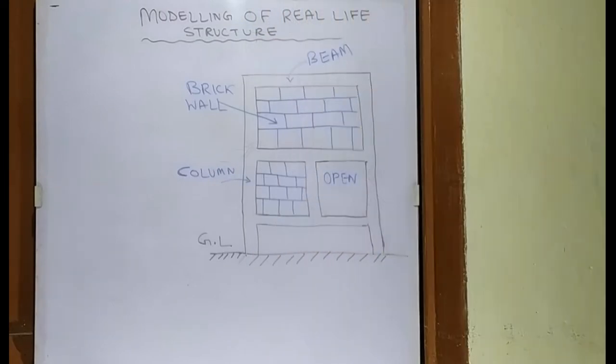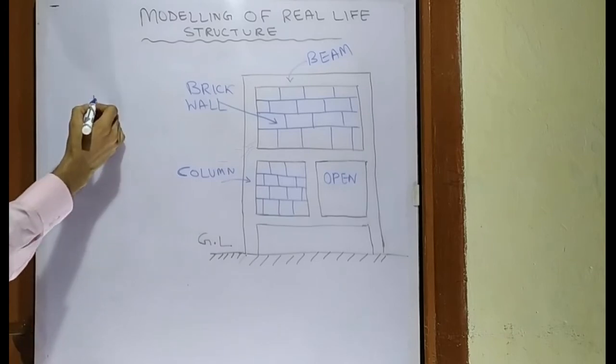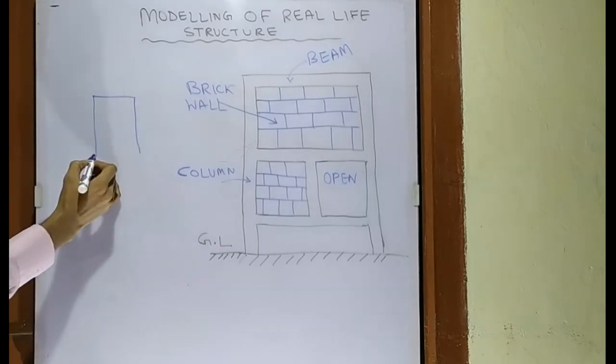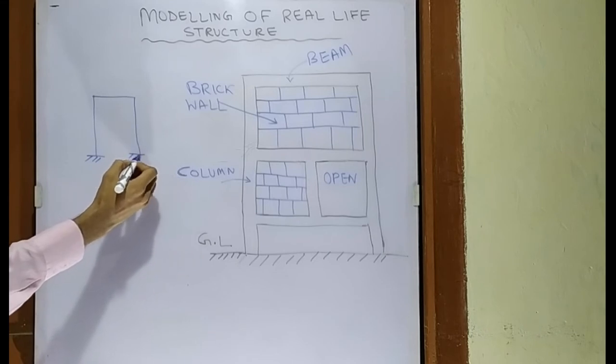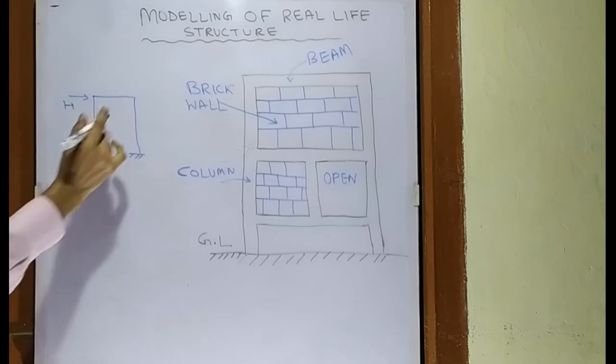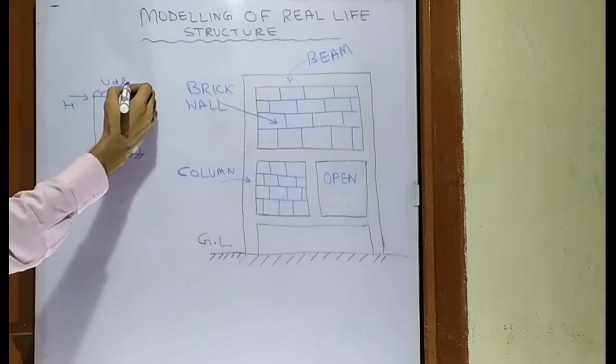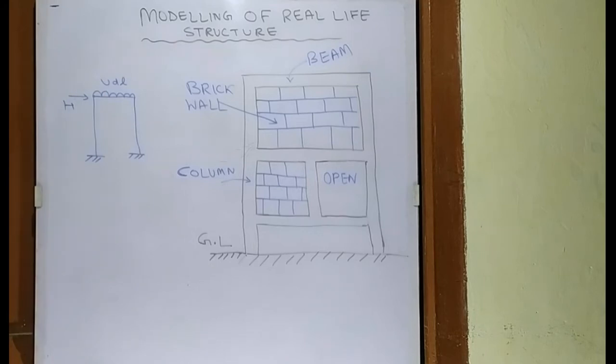In this video we will learn how to model a practical structure. When we study the structural analysis course, we deal with figures like this. This is the figure of a frame and we have to analyze this frame. This is the horizontal force and there is a UDL working on this beam.